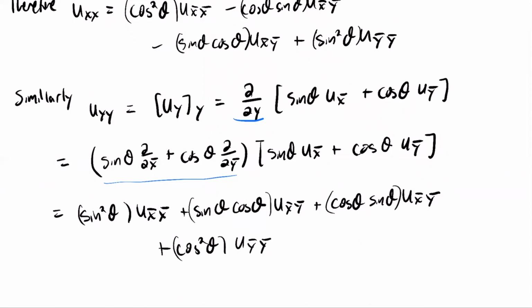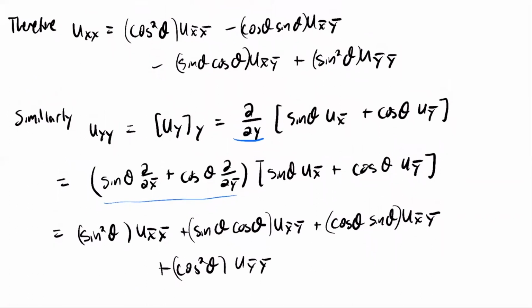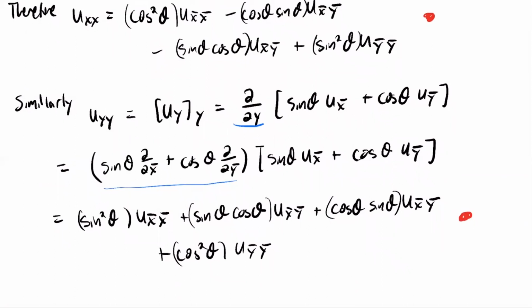And so what happens now if I add these two quantities? I calculated u_xx in terms of x bar and y bar here, and I calculated u_yy in terms of x bar and y bar here. Now let's add these together and collect the like terms. In front of the x bar x bar term, I have cosine squared plus sine squared, and in front of the y bar y bar term, I have sine squared plus cosine squared.